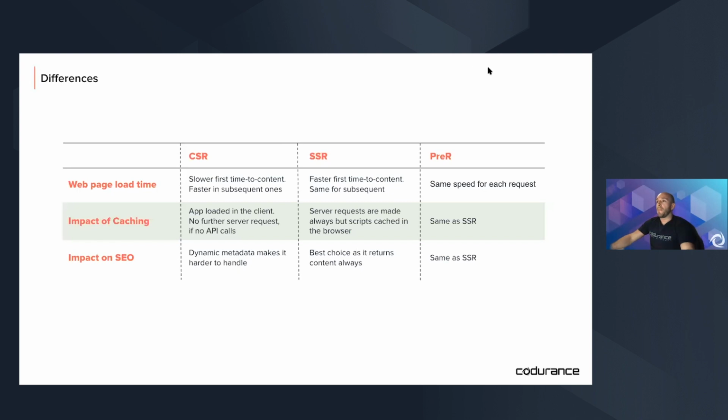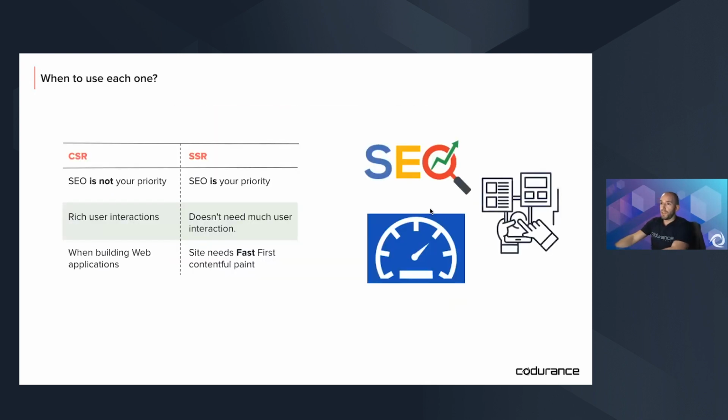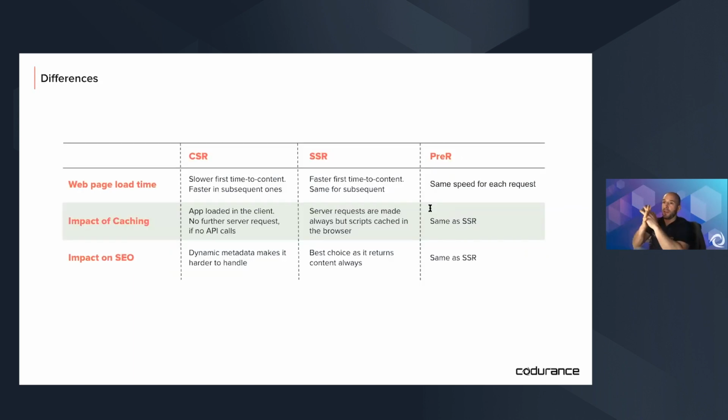So another difference between the three of them is the way cache strategies impact this rendering. What I mean with caching strategies, you know that there are many strategies already implemented in browsers, for example, for caching images or external resources.